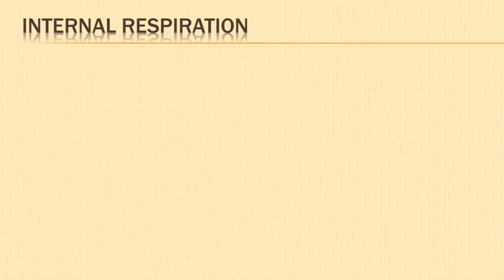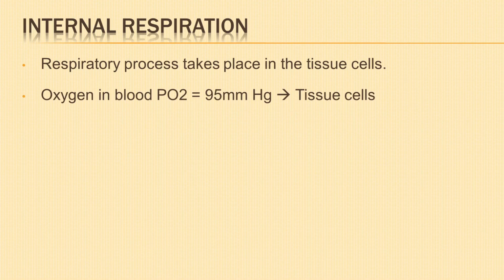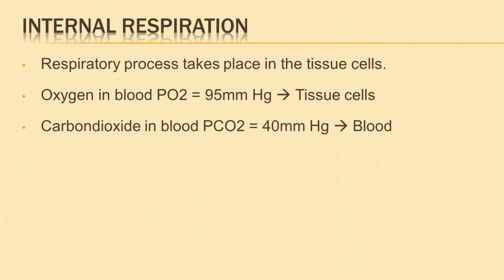Coming to internal respiration, the respiratory process takes place in the tissue cells. Oxygen, whose partial pressure is 95 mmHg in blood, goes to the tissue cells, and carbon dioxide, whose partial pressure is 40 mmHg in the tissue, is sent to the blood.